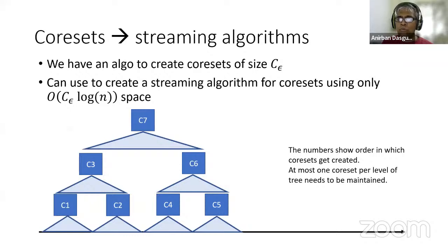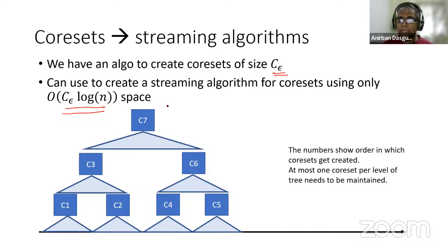Coresets have another very nice property: once you have a coreset for a particular offline problem, you automatically have a small space streaming algorithm for that problem. Here is the guarantee: if for a particular problem you have an offline algorithm to create a coreset of size C epsilon, you can use the same algorithm to give a streaming algorithm that uses only order C epsilon times log n space.